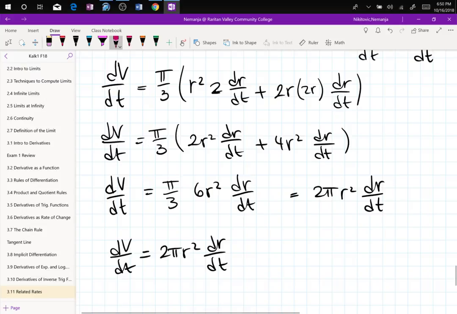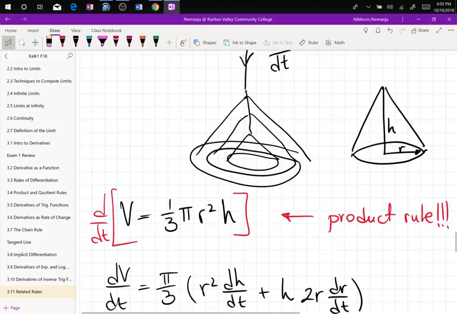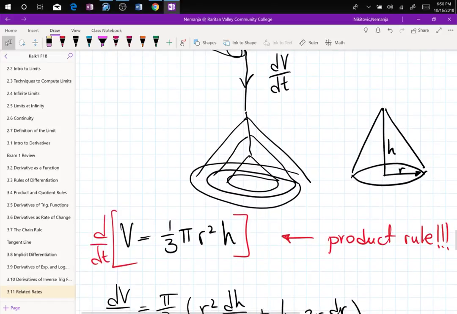So you plug numbers in and you know how fast the volume is changing. What value? It's the volume. It's the amount of stuff on a pile.